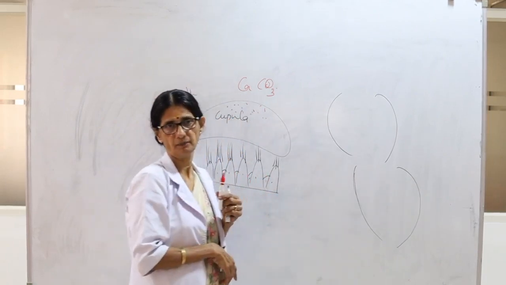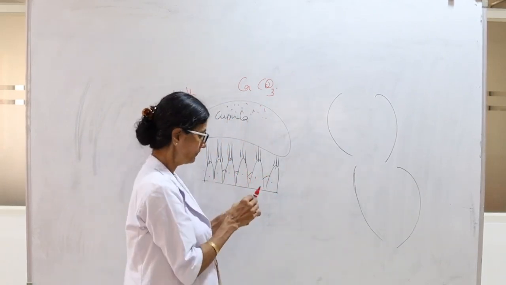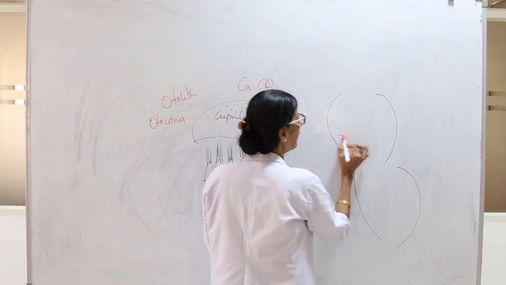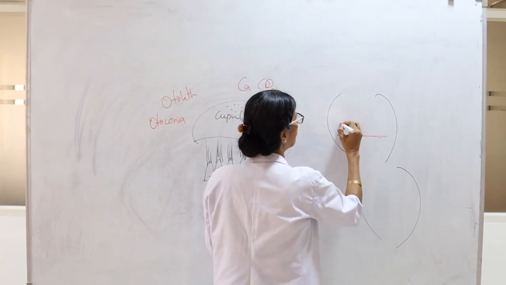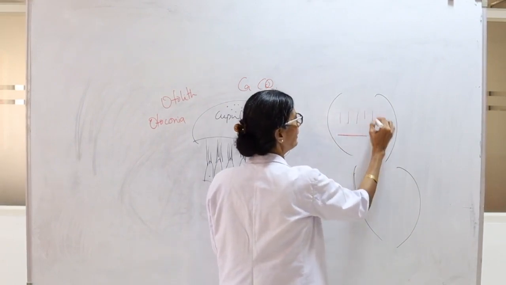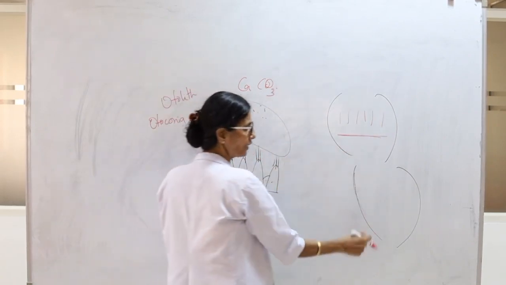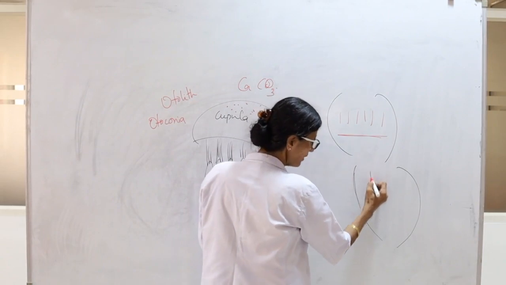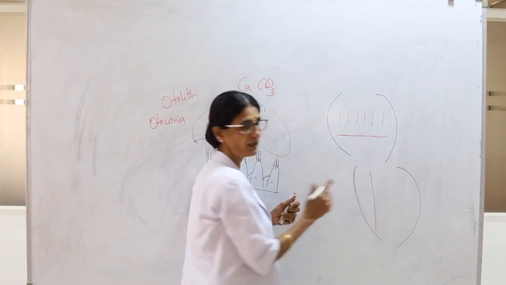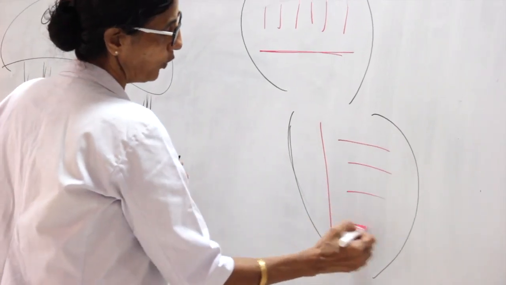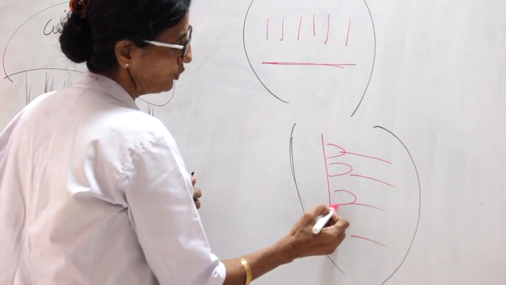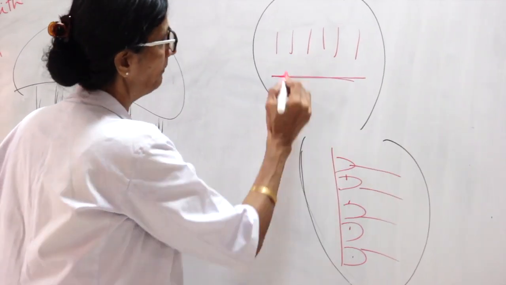And another important difference is that the arrangement of these receptors in the utricle and the saccule is also different. In the utricle, it is arranged in a horizontal manner, so the direction of the hair cells will be vertical. Whereas in the saccule, it is arranged in a vertical manner, so that the hair cells will be in a horizontal direction. So that is the difference here.